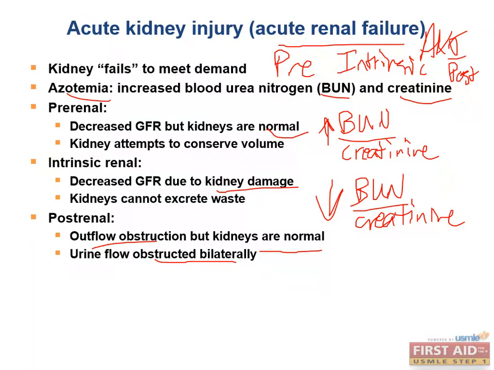Postrenal AKI is usually easy to detect because abnormalities that cause it are anatomical and can be detected on CT or ultrasound. So in order to have postrenal azotemia, urine flow has to be obstructed bilaterally.